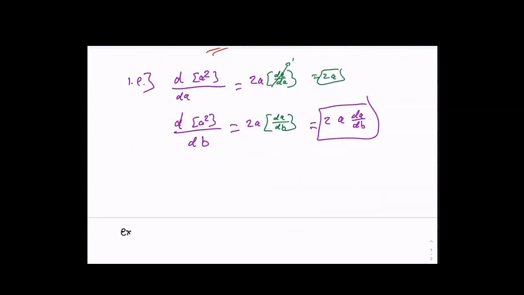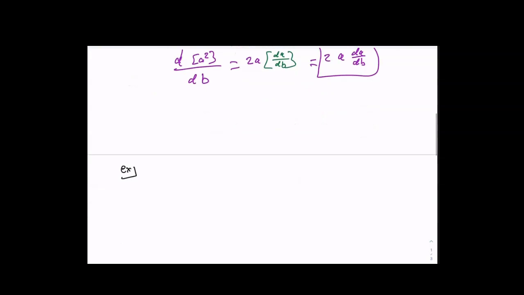So, example. A squared c cubed minus 2c equals 5. Find dA dc.